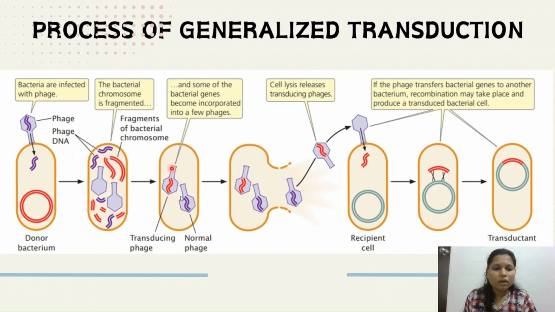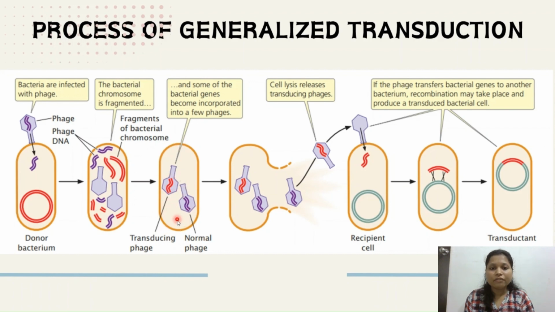As you can see, the normal phage has its own phage DNA, while the transducing phage has a phage protein, but the DNA inside it is the bacterial DNA. It's not the phage DNA. Such phages are called transducing phages.